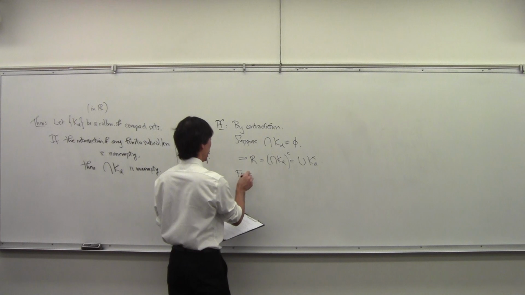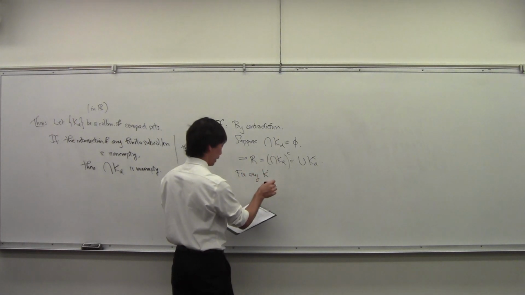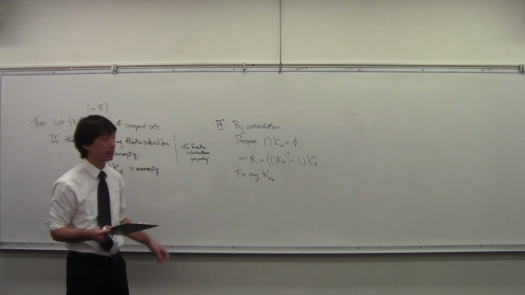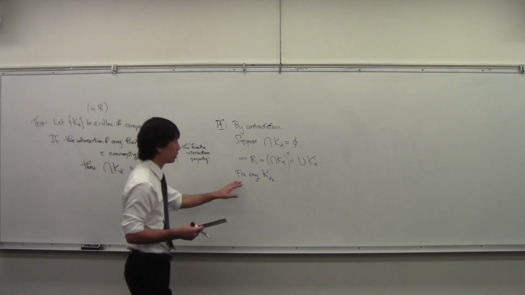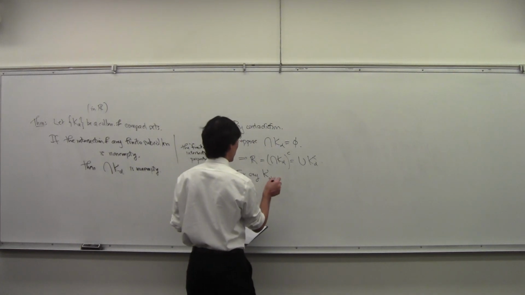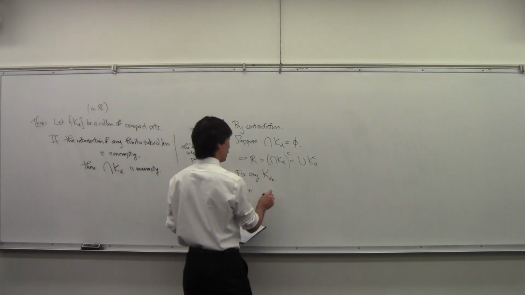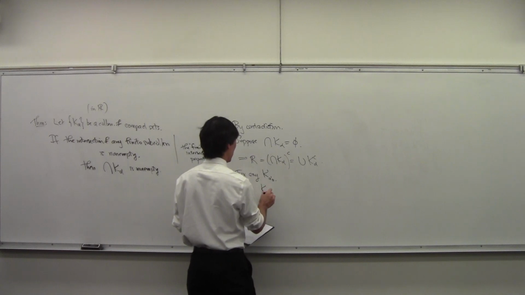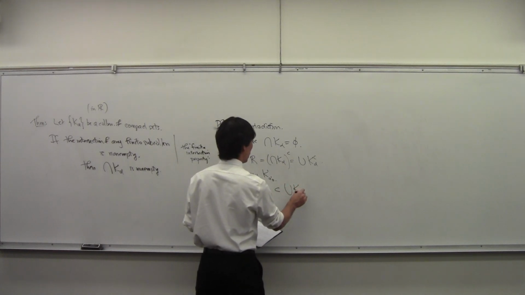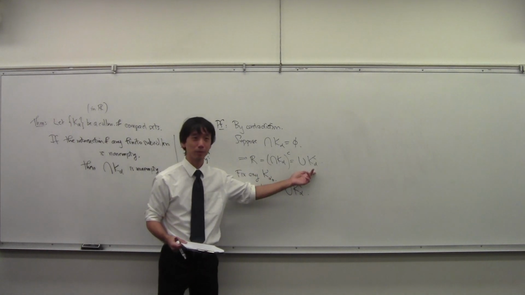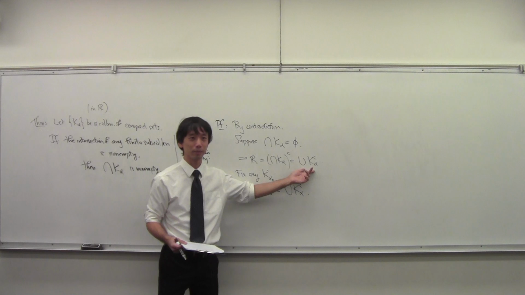Now fix any K alpha naught. Choose any one of these and call it K alpha naught. Then K alpha naught is contained in the union of these complements, because the union of the complements covers the whole space.